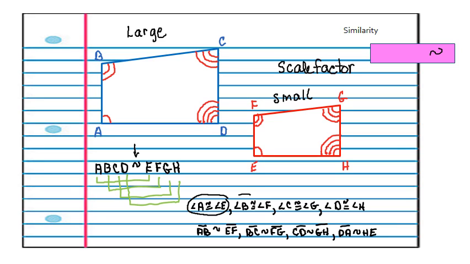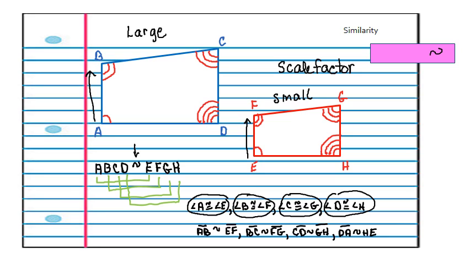So I have A congruent to E, B congruent to F, C congruent to G, and D congruent to H. But likewise, the angles tell us what sides are similar to each other. So if I'm going from A to B, and A was congruent to E, and B was congruent to F, then it is similar and has the same scale factor as going from E to F.